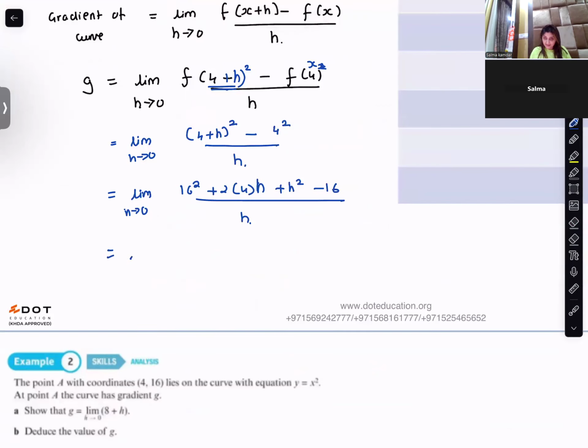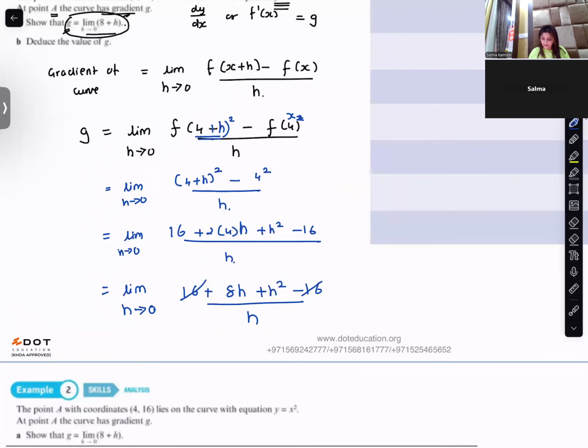So this becomes the limit as h tends to 0 of, 4 square is 16, 16 plus 8h plus h square minus 16, the whole divided by h. 16 and minus 16 go away.